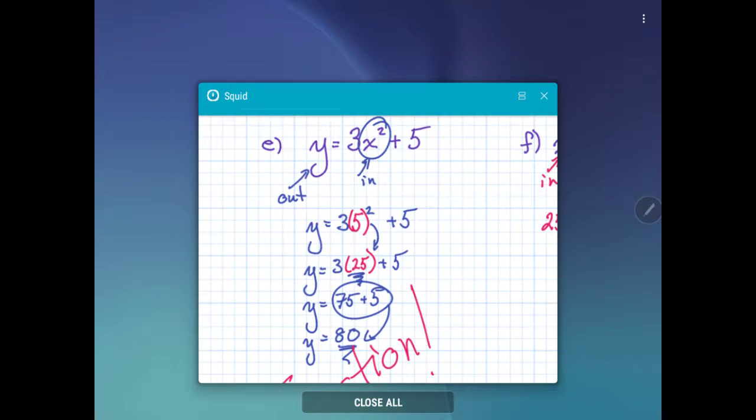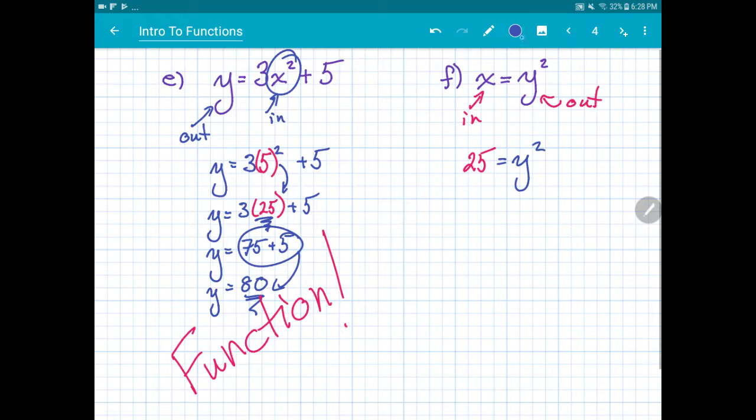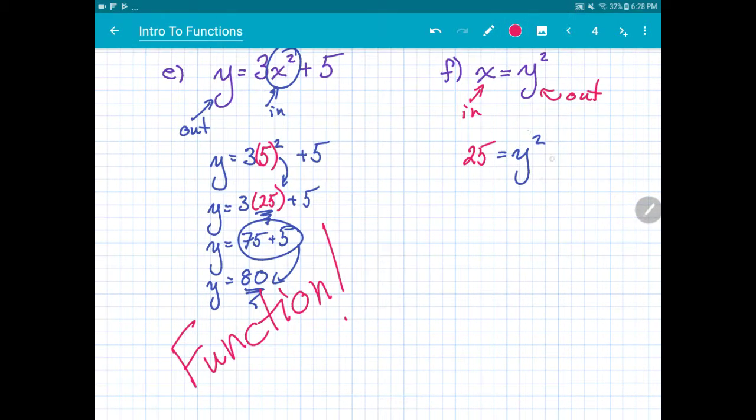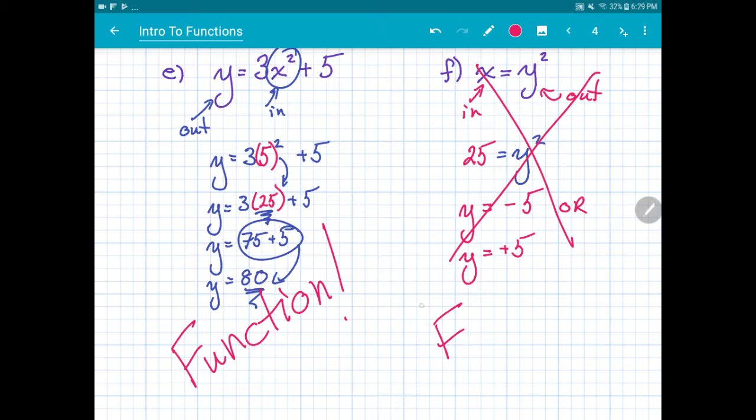So when we write this in order to solve for what this is, what numbers could you square to get 25? Well, there's two possibilities. You could square minus 5, or you could square positive 5. They both give you 25. And because they both could give you 25, that's two possible outputs for the input of 25, which means this is not a function.